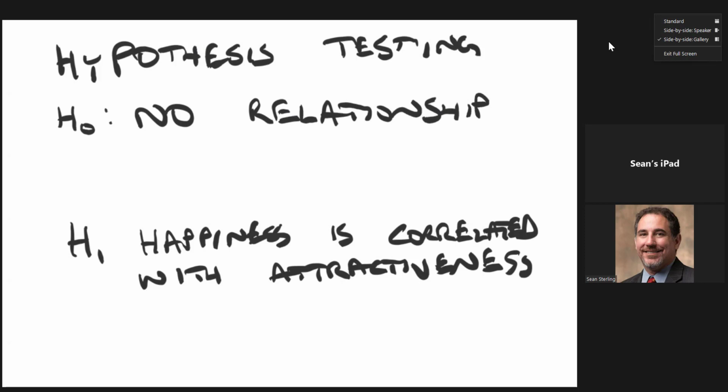So the null hypothesis is that there's nothing there, no relationship, or later when we talk about ANOVAs and t-tests, no significant difference between groups. The alternate hypothesis is that there is something there that we are expecting to find when we do our research.